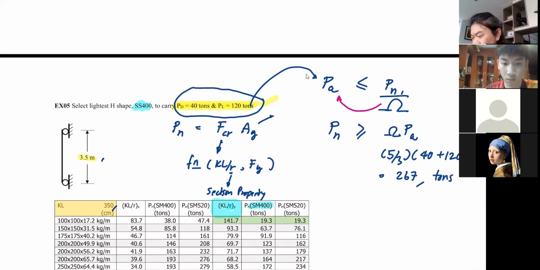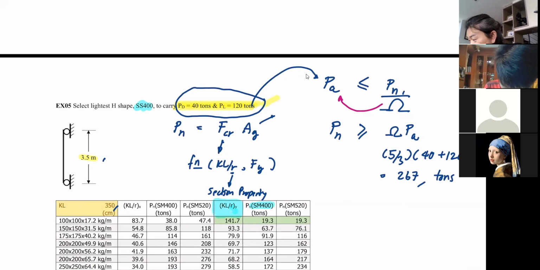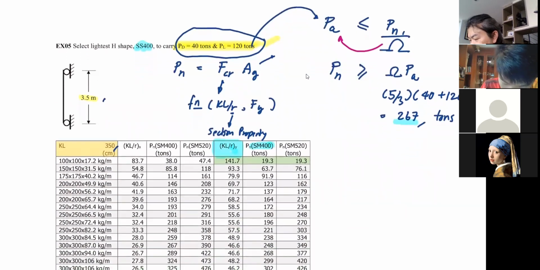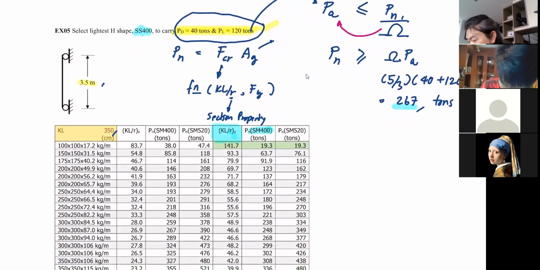So you have KL over R, which should be Y-axis because we don't have any bracing, so Y-axis to govern. And now we know the nominal load. So we just look at this and look until you find the section that has the load more than 267. And voila, I have found one here. See that?